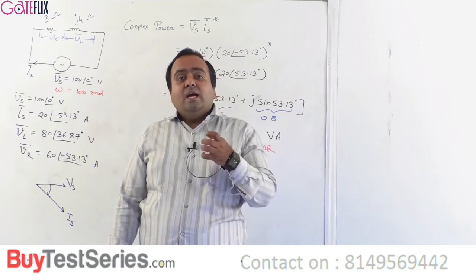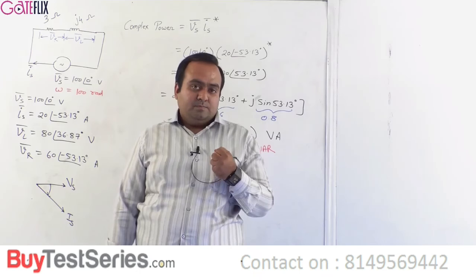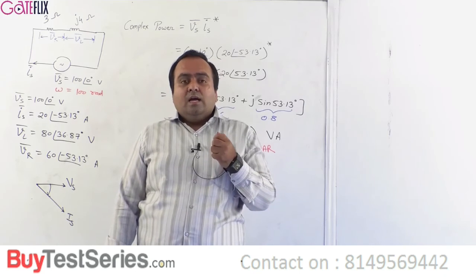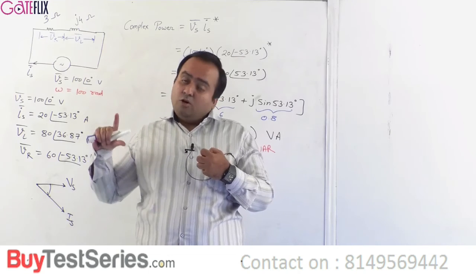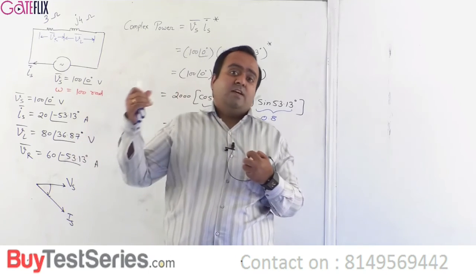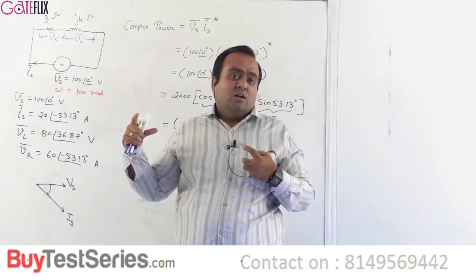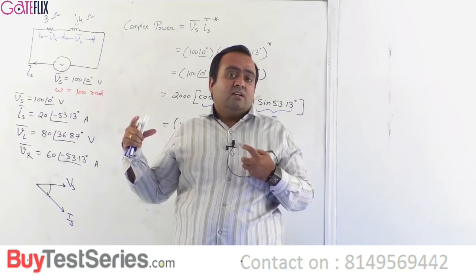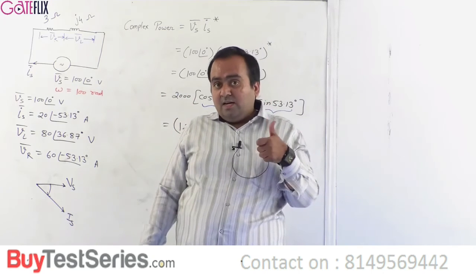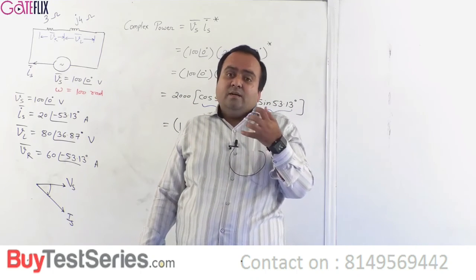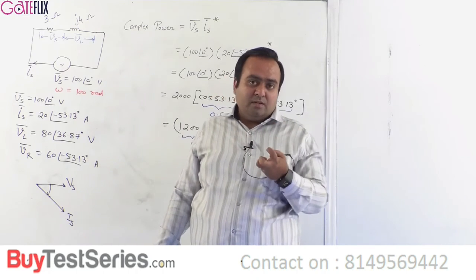The nature of a load is that it always absorbs power, right? An inductor absorbs reactive power, but a capacitor, although a part of the load, is a source of reactive power. So for a capacitor, which is part of the load, we have to make the reactive power negative. And an inductor, since it absorbs reactive power, which is what a load is supposed to do, is supposed to absorb power.